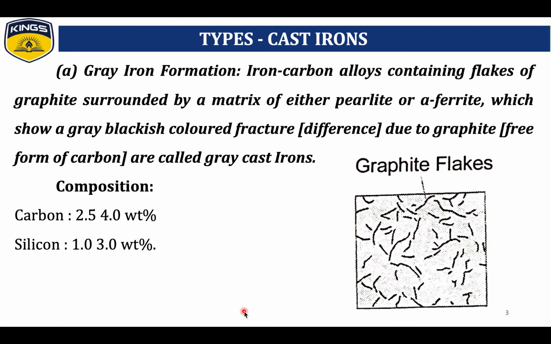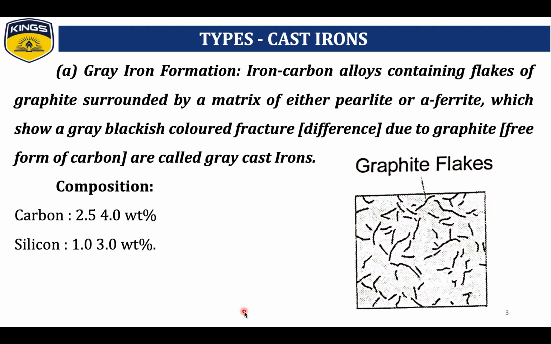Now, gray iron formation. Iron carbon alloys containing flakes of graphite surrounded by a matrix of either pearlite or ferrite, which shows a grey blackish color fracture due to graphite, are called grey cast iron.